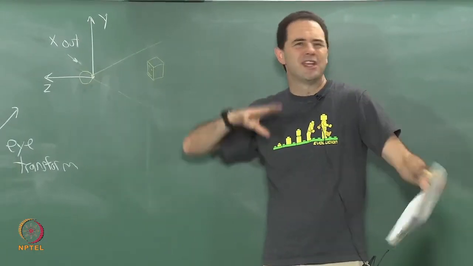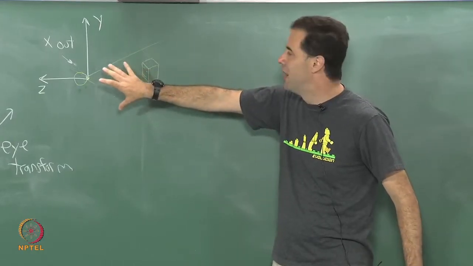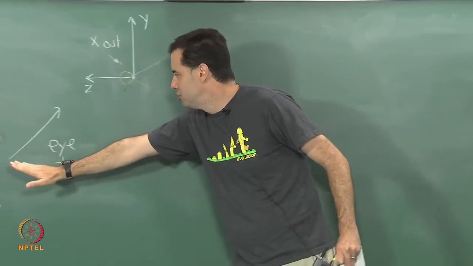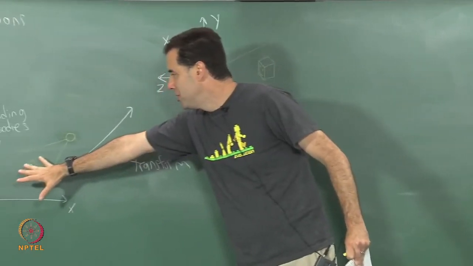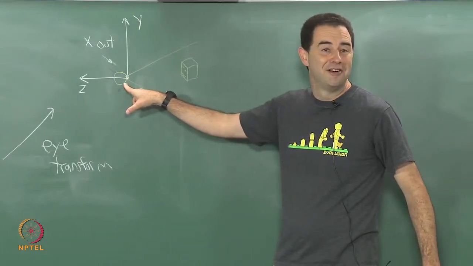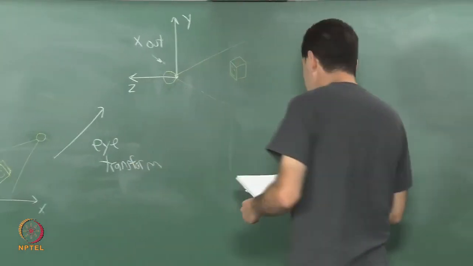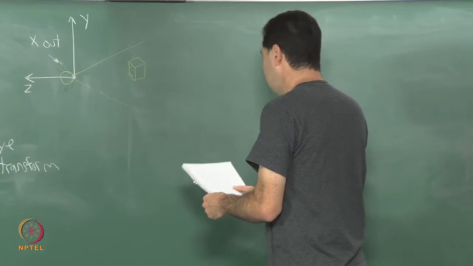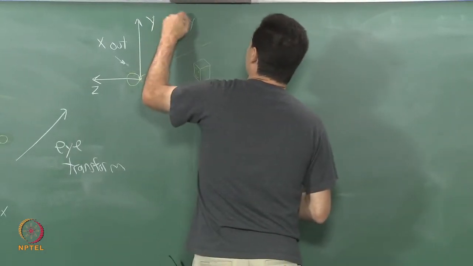Right? So it's not going to do any shrinking, distorting, other strange things. It's not even going to decide what's in the field of view or what's not. I just want this transformation to express all of the points in the world in the coordinate frame of the eye. Okay? And then when I've gotten to that stage, I have two more transformations left. So the eye transformation puts you in the eye frame.